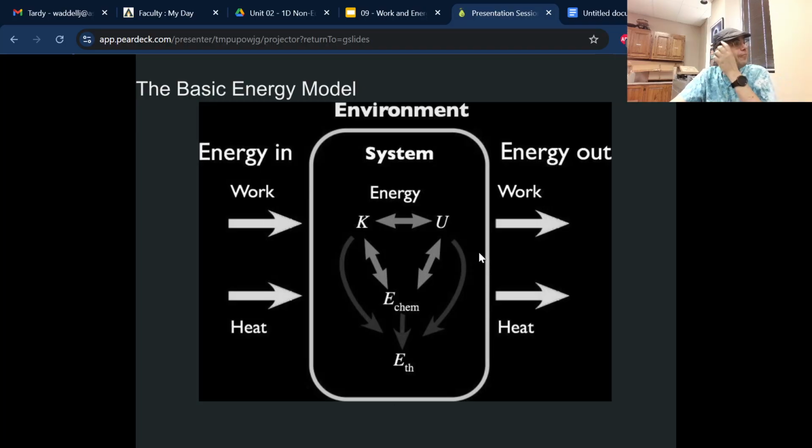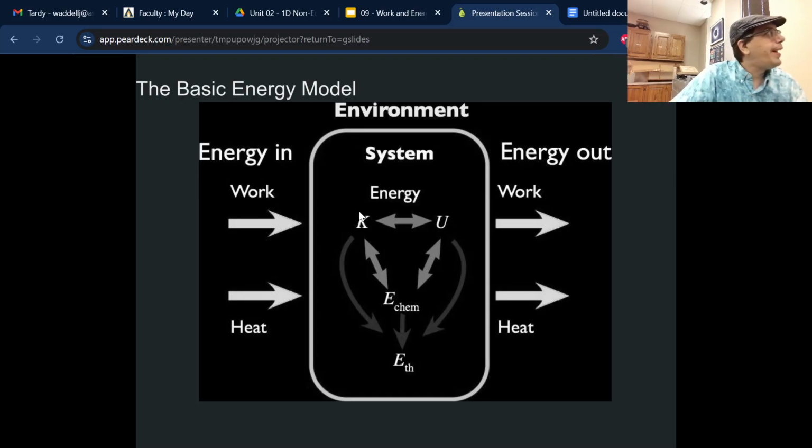Okay, so just reflecting back on this image again, we have the types of energy in our system. We talked about these 4 different types, and we also added another. Spring and gravitational potential are both hiding in this U right here.